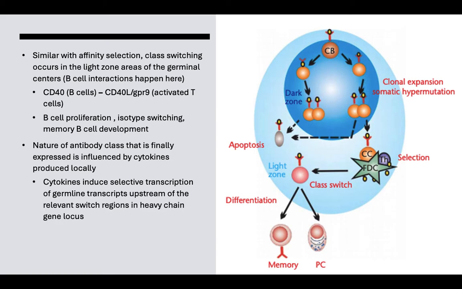Okay, cytokines that are secreted by other immune effectors, by other immune cells, will induce selective transcription of germline transcripts upstream of the relevant switch regions in the heavy chain gene locus.